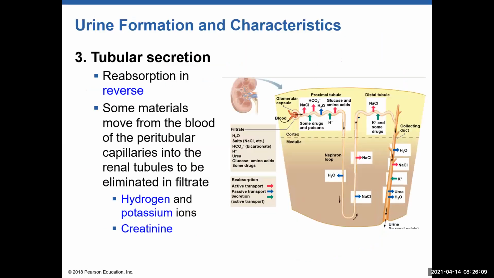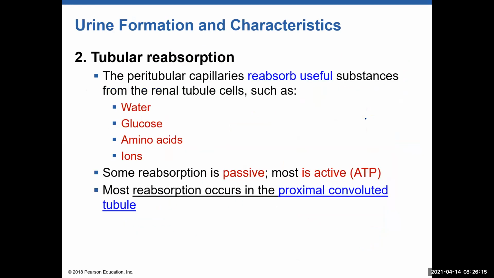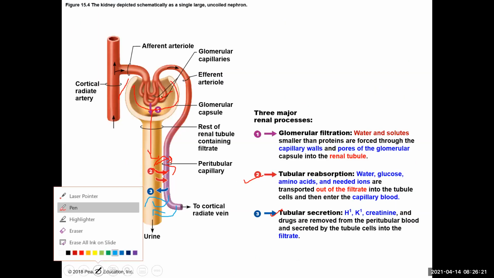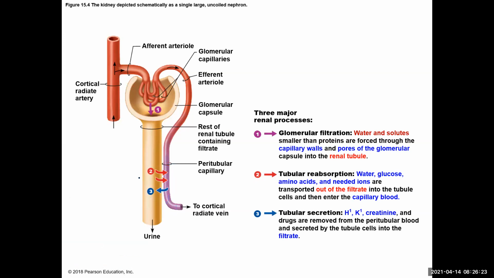Then comes the third step, called secretion. Secretion is like the opposite of it. Let me show you here. If you can observe in this diagram, reabsorption is from the tubule into the blood. So secretion is whatever is there in the blood, it will move in the opposite direction to the reabsorption, right?